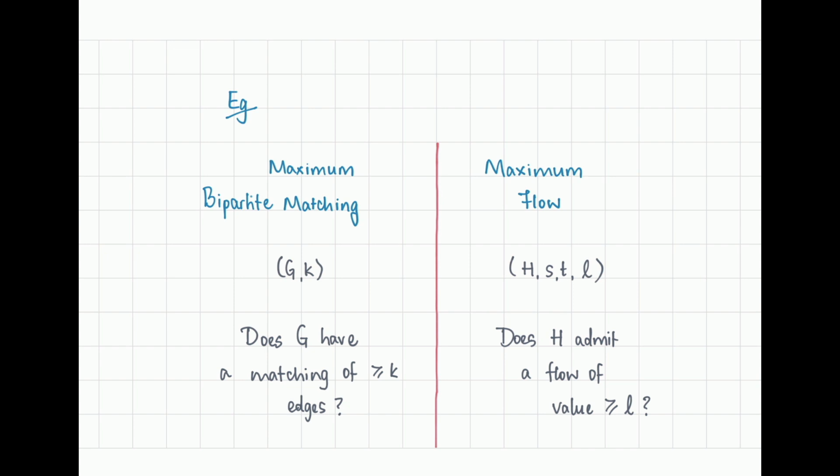You need not worry about the specifics here, but just focus on the overall mechanics of what I'm talking about. For maximum bipartite matching in particular, what you would typically do is start off with an instance of bipartite matching, and then orient all the original edges a particular way, and then add an artificial source and sink vertex, and then take this modified instance and outsource it to the max flow algorithm, which will then do something, and you can use the information that you get from this algorithm to recover a maximum matching back in the original graph.